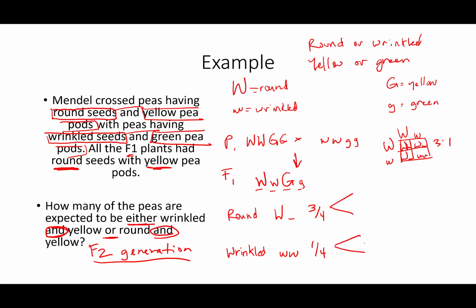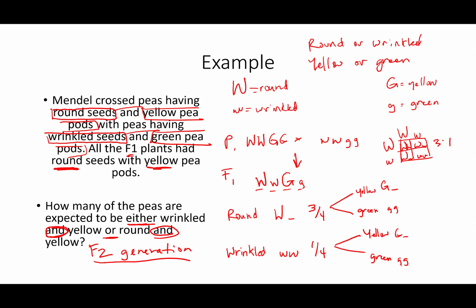For my next trait, now I'm dealing with being either yellow or green. Which again, this one would be G, it doesn't matter what the other one is. It could be homozygous or heterozygous. Here I have to be homozygous small g.